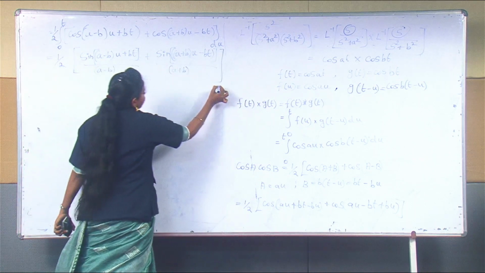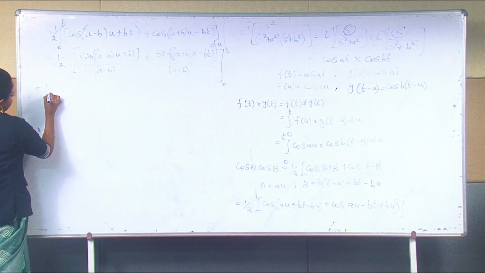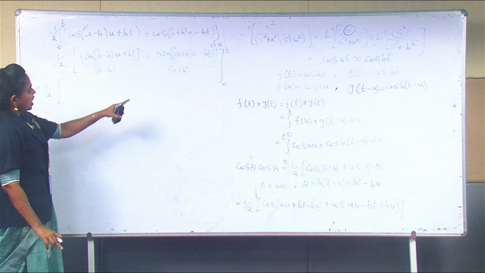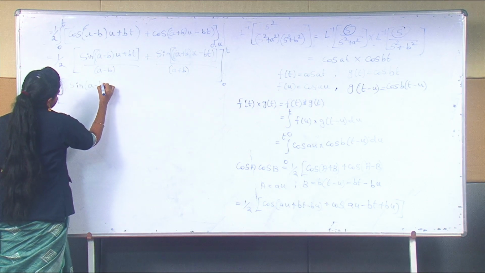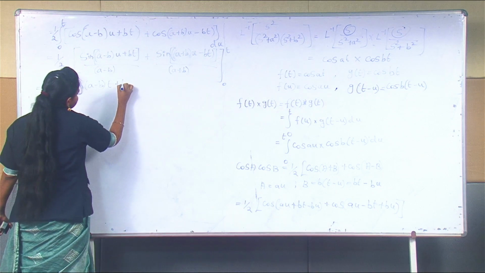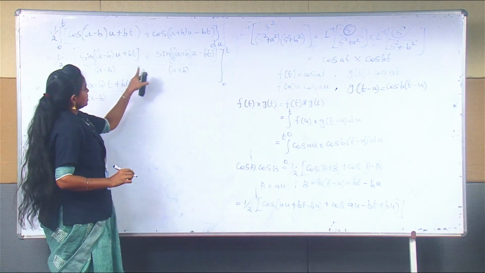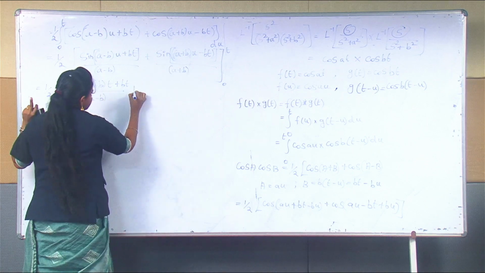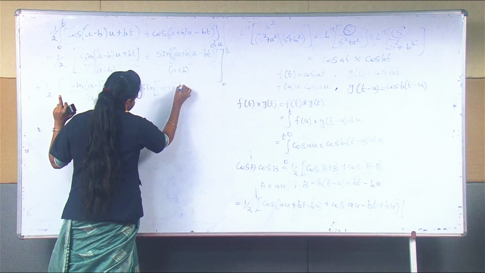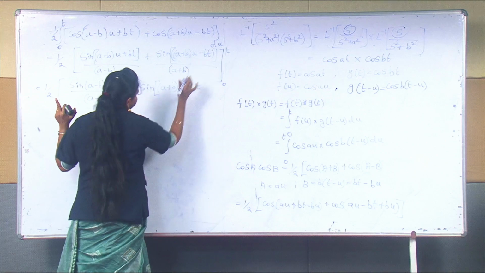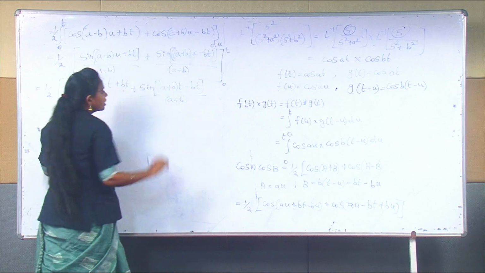Now we are going to substitute 0 to t our limits. First of all, substitute your upper limit. What is your upper limit? t is your upper limit. Sine of A minus B into t plus bt divided by A minus B. Next, substitute upper limit for this term, that is sine of A plus B into t minus bt divided by A plus B. Okay.